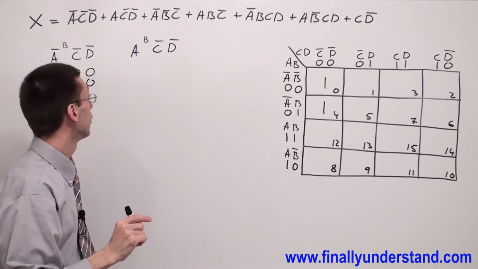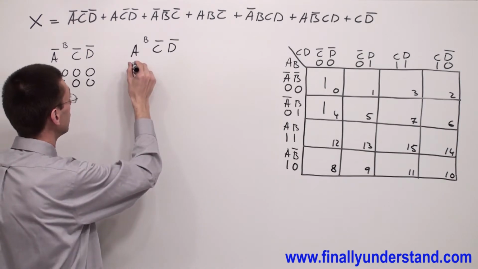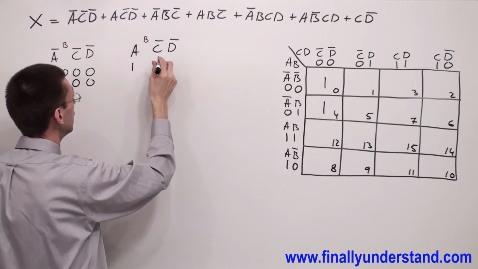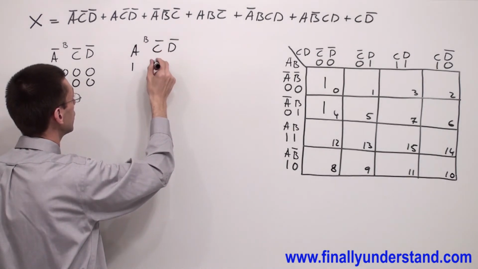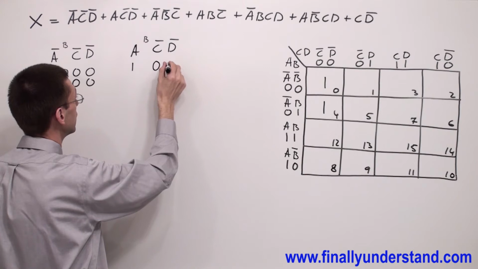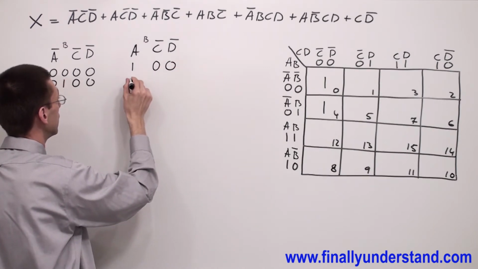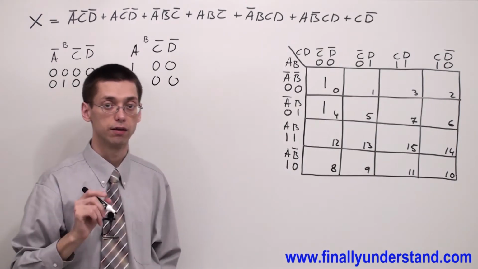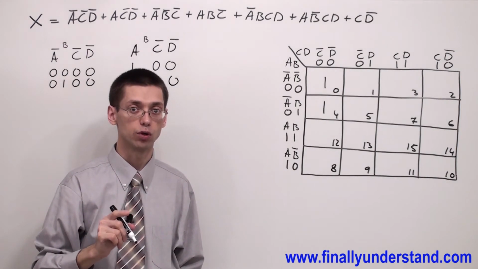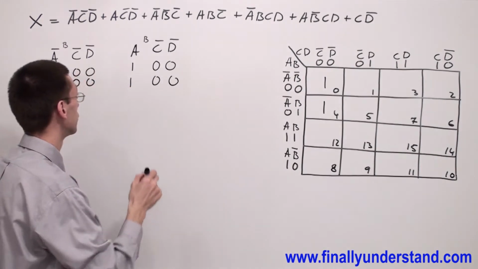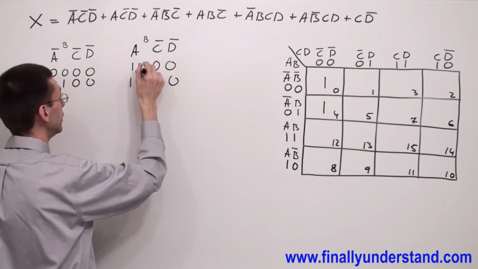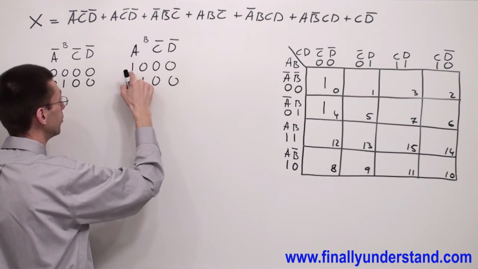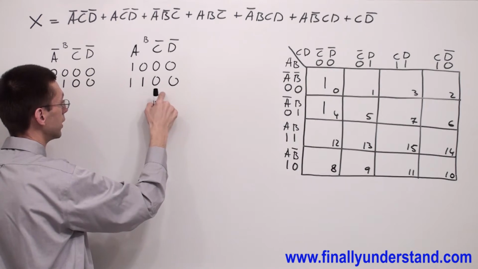A is 1 in this case, because it has no negation bar, C naught is 0, and D naught is 0. And I have 1, 0, 0. First I assume that B is 0, and for this one, B is equal to 1. This is binary 8, and this is binary 12.